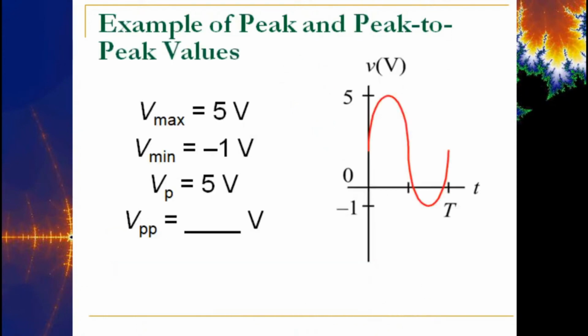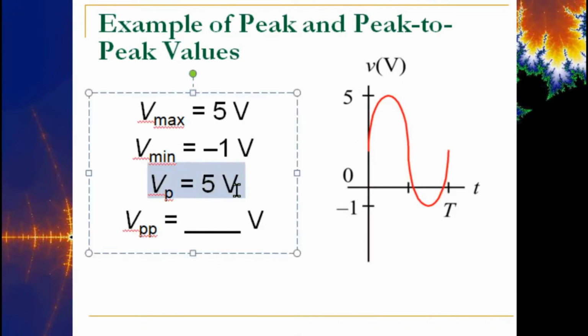Let's go ahead and move to the next one here. So what would be the peak-to-peak voltage here? The peak voltage, notice this, is always the voltage from the 0 axis.